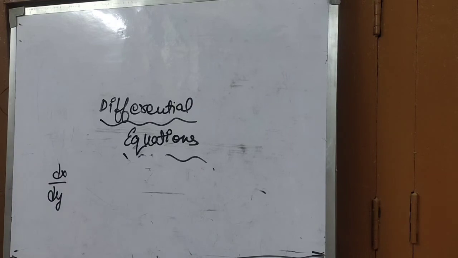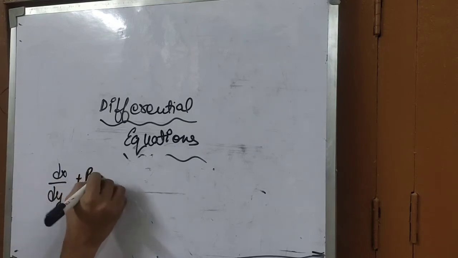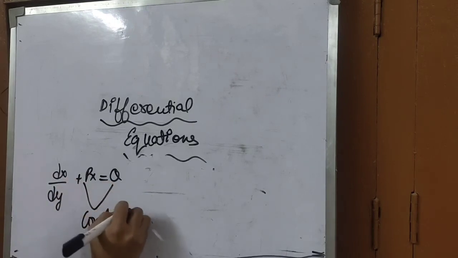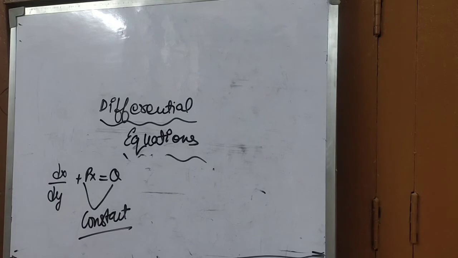You will not have y because you are already differentiating with respect to it. So you will have P x equal to Q. Again, P and Q will be constants, and that's all about the types of differential equations. We only have these three types, and whenever you are required to solve questions, you will always be working with these types of equations only.